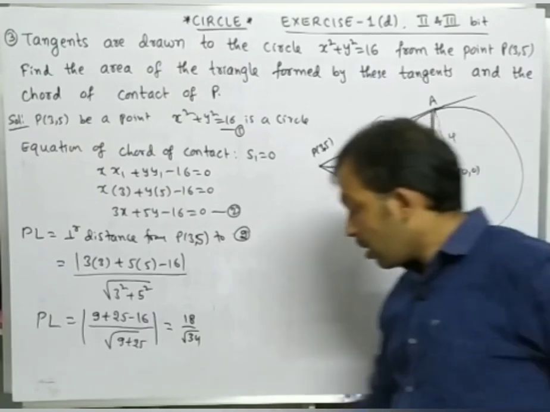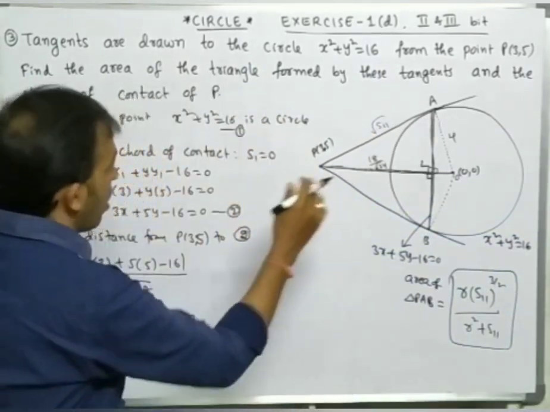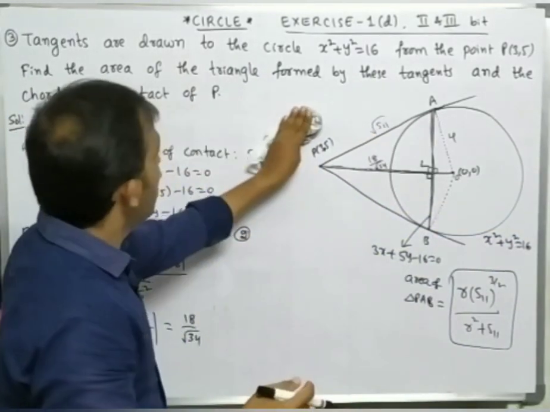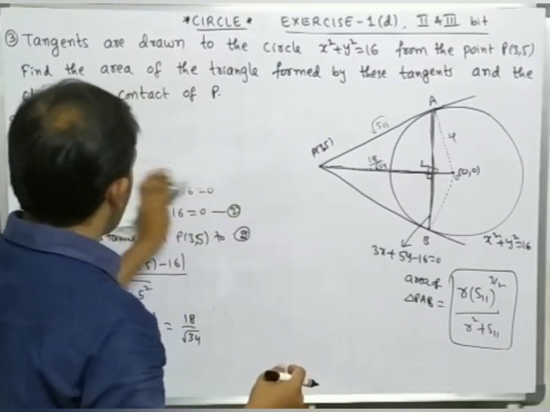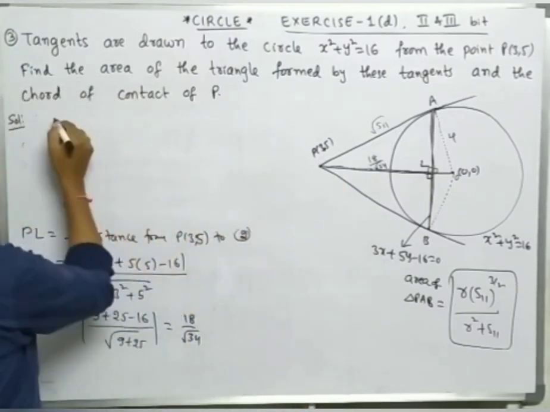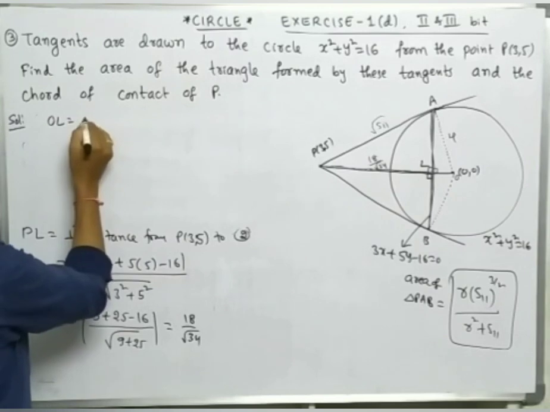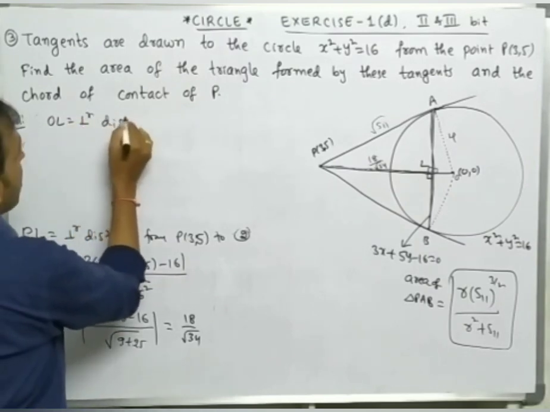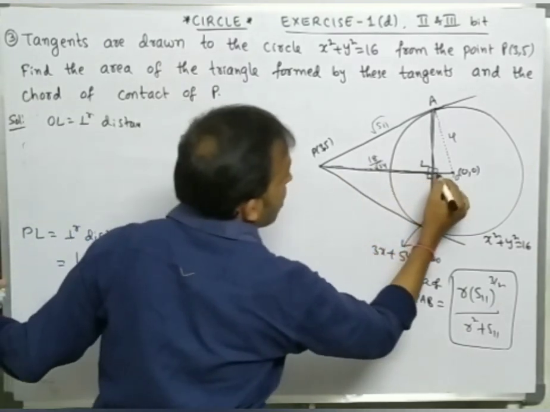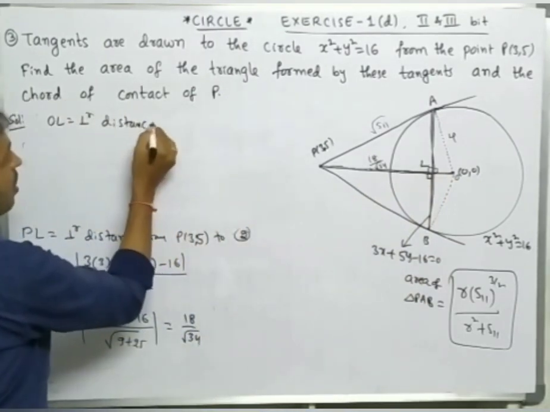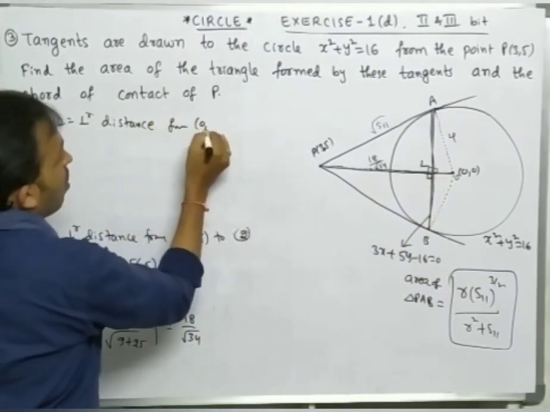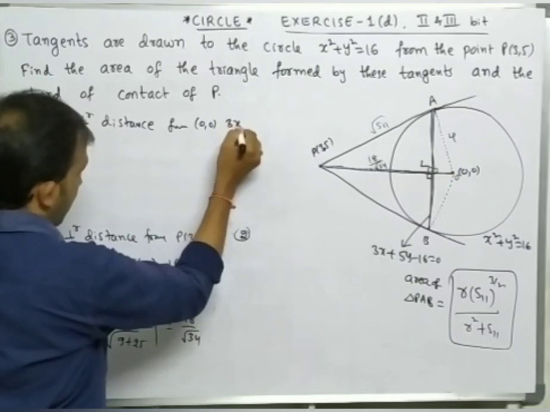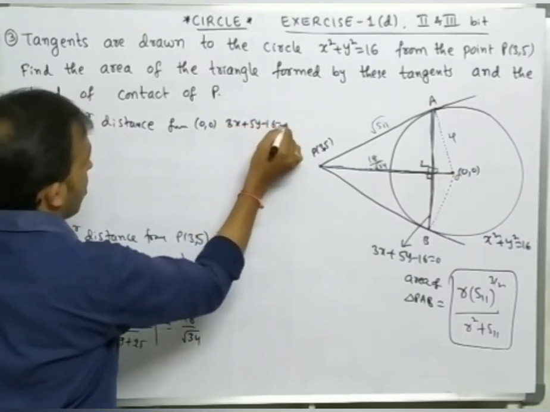Okay, now I am using that circle concept. OL means the perpendicular distance. I am finding this distance. OL is equal to the perpendicular distance from the origin to the line 3x plus 5y minus 16 equals 0.